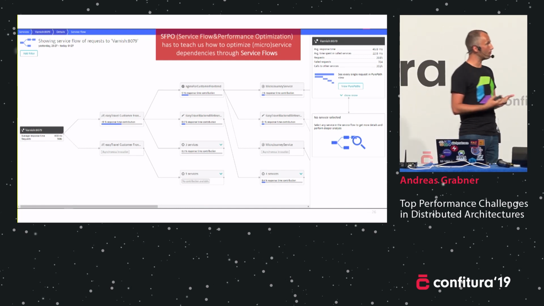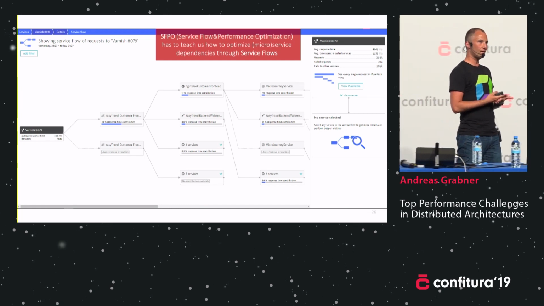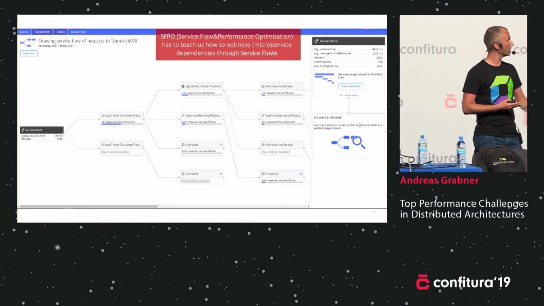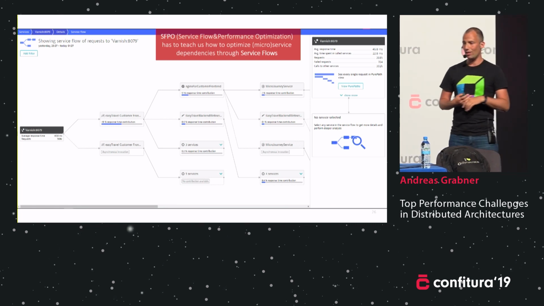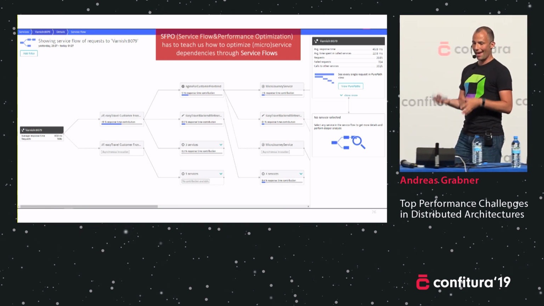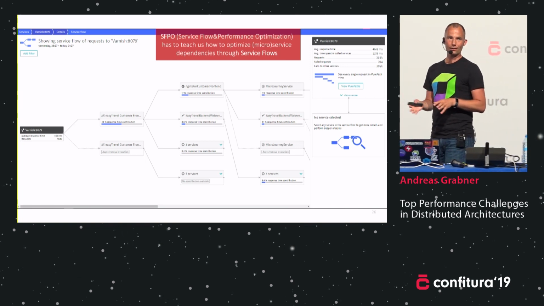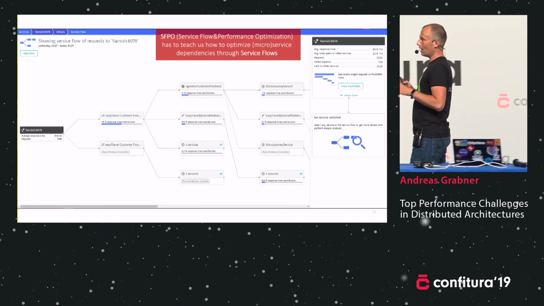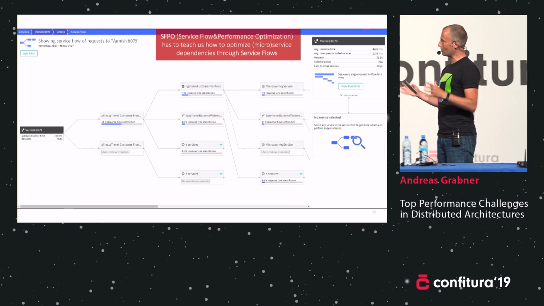Again, I have to come up with these flows because these transaction flows, these traces tell us so much. This is a very simple flow of an app, and this is how it looked like after the first release, and everybody was kind of happy.